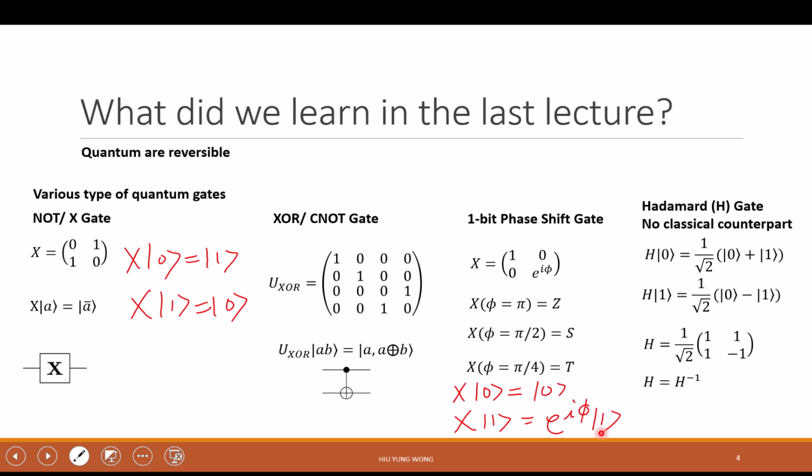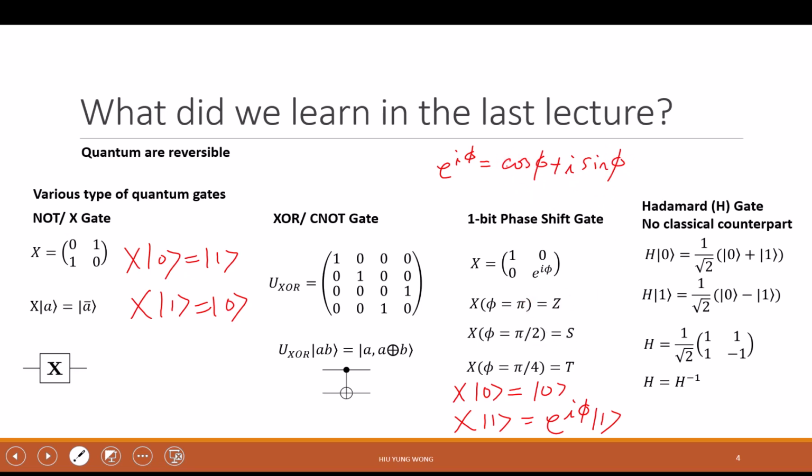Then we have 3 very special gates. When phi equals pi, e to the power i pi is -1, so do not mess up this. I really want you to memorize this Euler equation: e to the i phi equals cosine phi plus i sine phi. So if phi is pi, the sine is 0 and the cosine is -1.